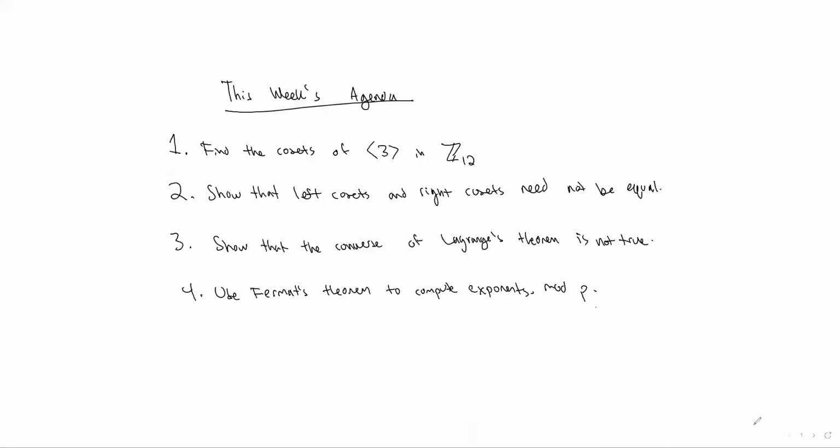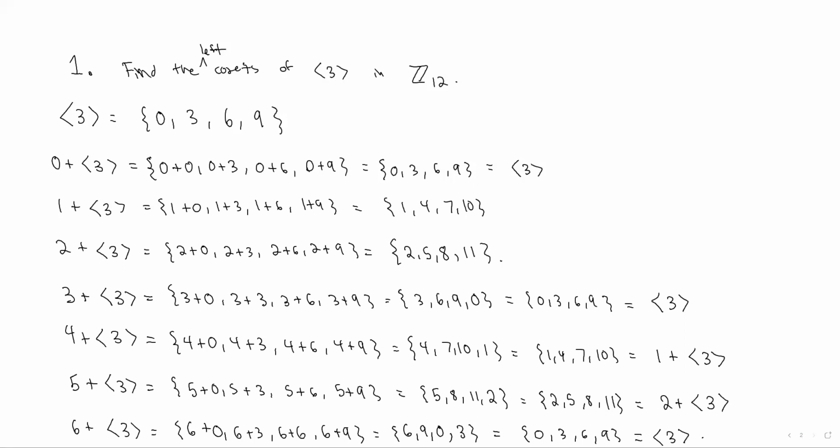Okay, I could continue this, but I won't, because it's easy to continue, so you could see for yourself what you would get. What you get is this: if you apply 0 on the left, or 3, or 6, or 9 on the left, you just get the same subgroup back.